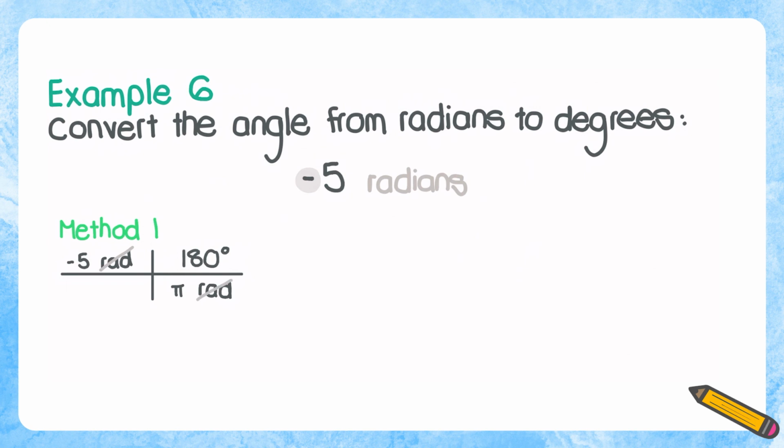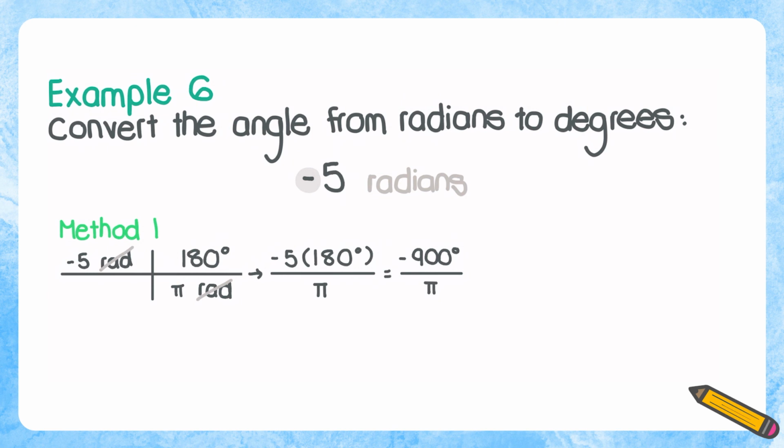The radians cancel out, and we get -5 times 180 degrees over pi. -5 times 180 is -900, so we have -900 degrees over pi.